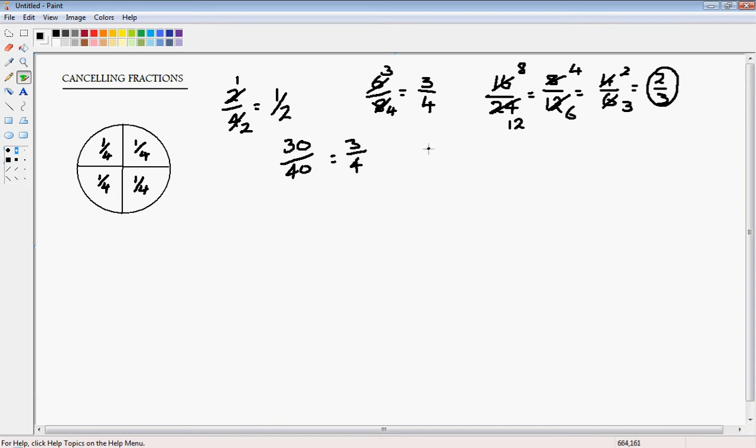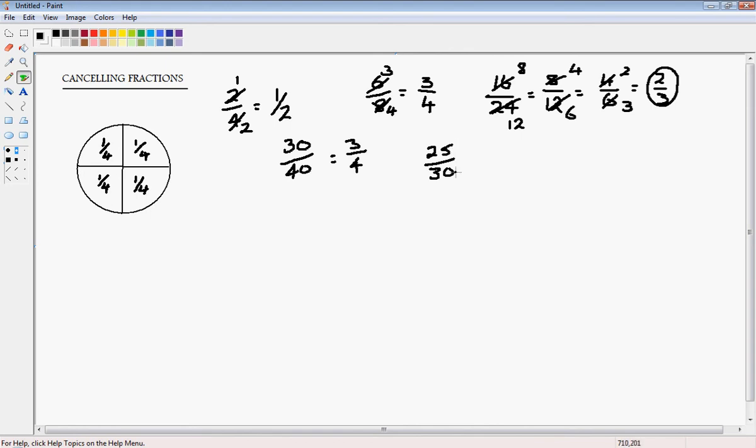So for example, if we've got 25 over 30, now we know 10 won't go into both because they don't end in 0. So what do we know about numbers that end in 5 and 0?